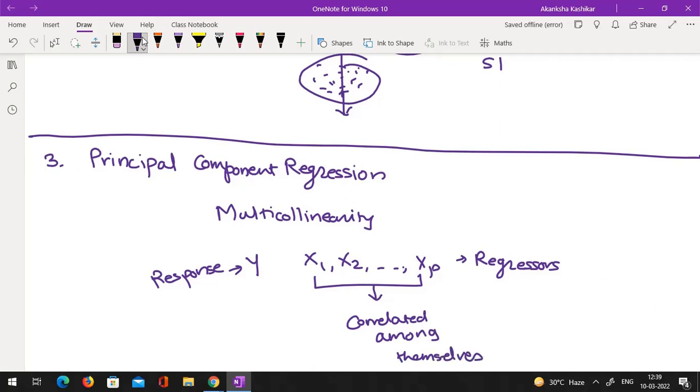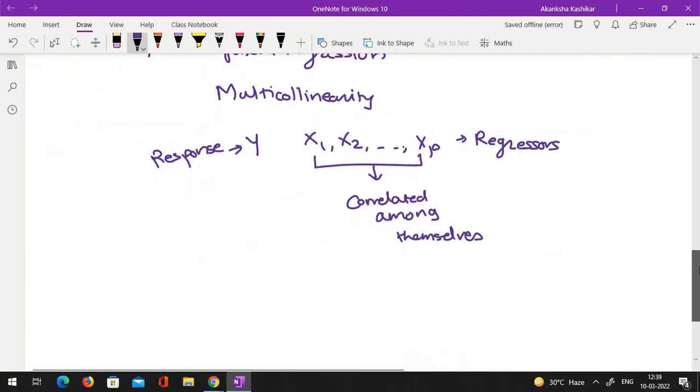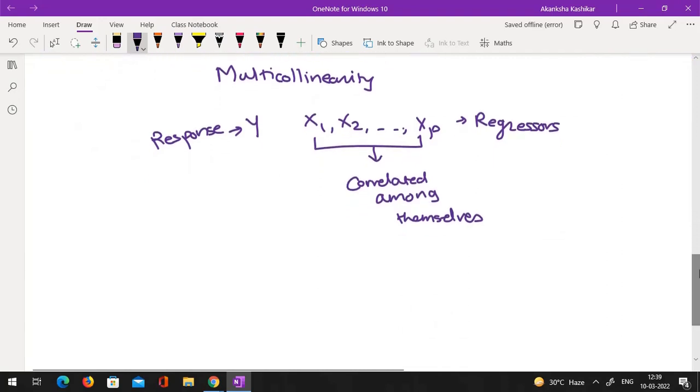A very classic example is if you are trying to predict the height of a child using the height of parents, then the heights of the parents are quite likely to be correlated because generally taller people tend to marry taller people. So the height of parents can be correlated, and then these correlations can sometimes cause problems.